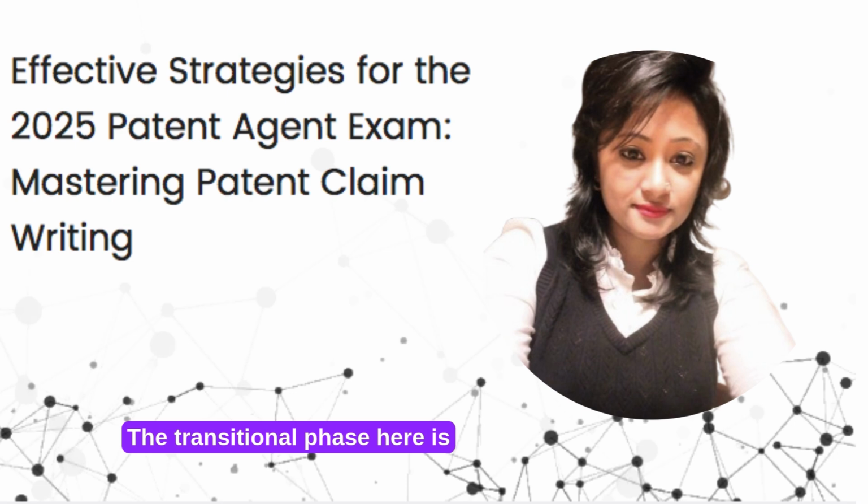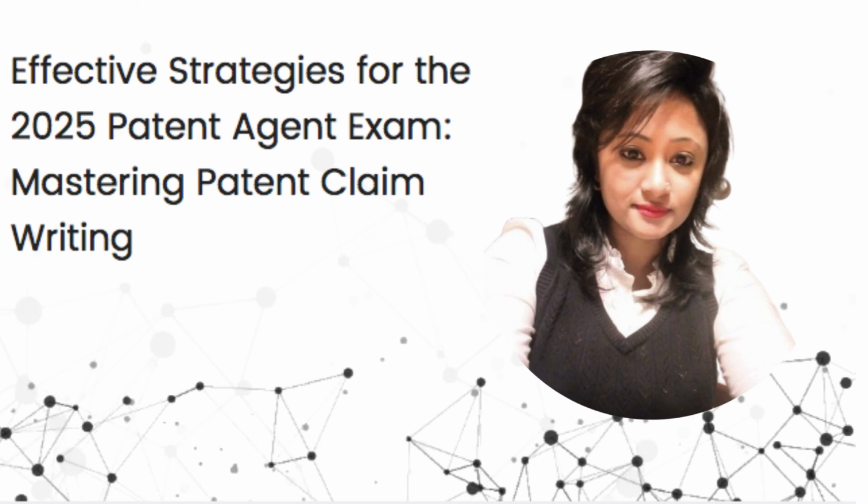The transitional phase here is comprising. After comprising, whatever is written below in claim 1 is the body of the independent claim. So let's go through the main elements of the patent claim to get a better understanding of how to read a patent claim.